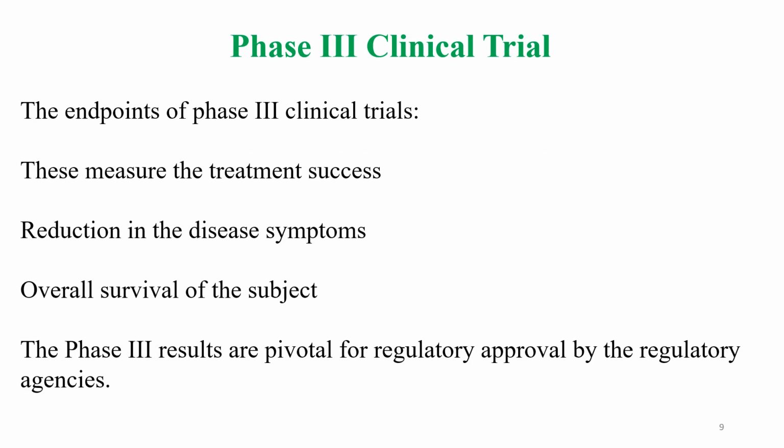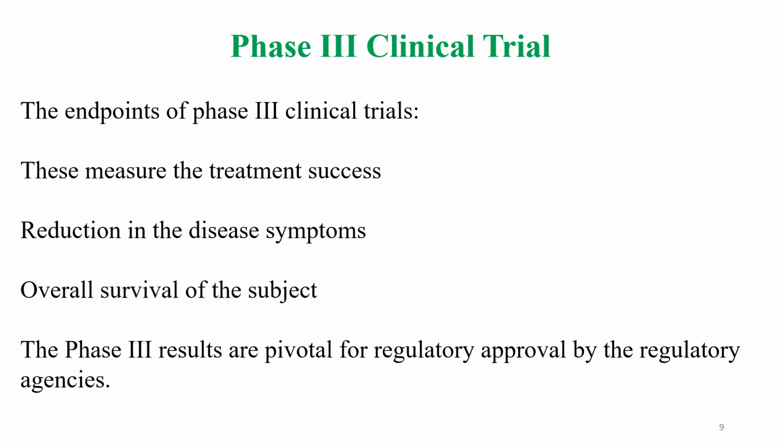Phase 3 clinical trials have endpoints to determine the efficacy and safety. The endpoints measure the treatment success, and the endpoints are mainly reduction in the disease symptoms, improvement in the disease condition, and overall survival of the subject.